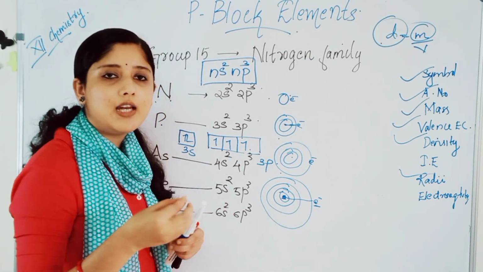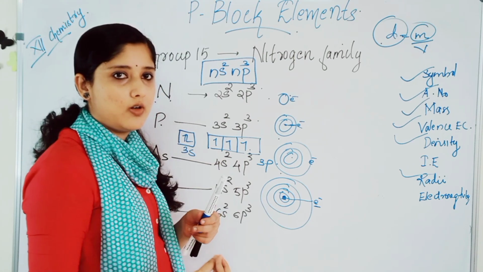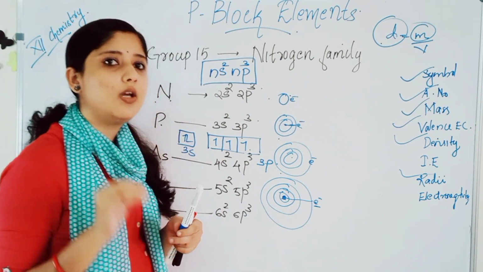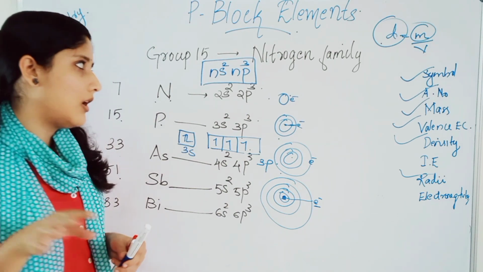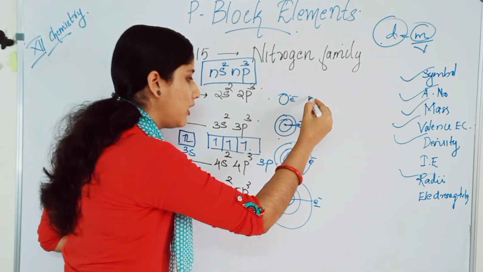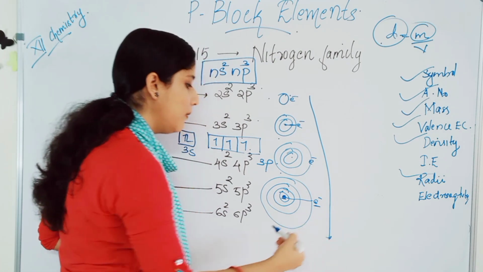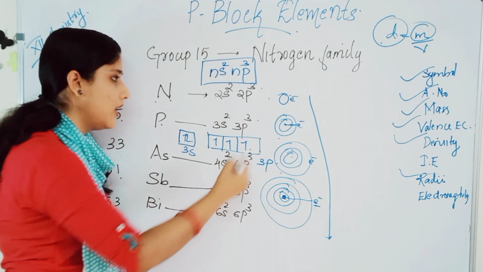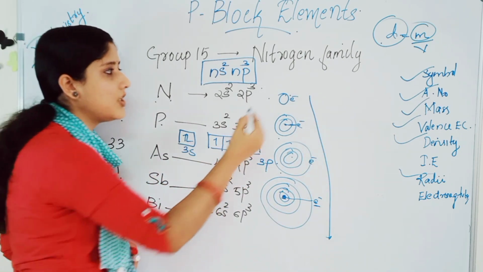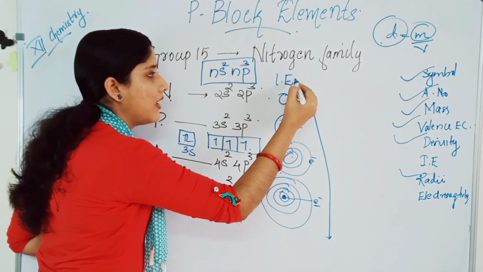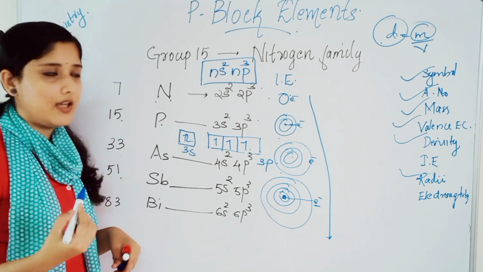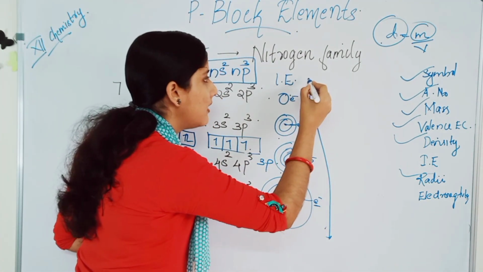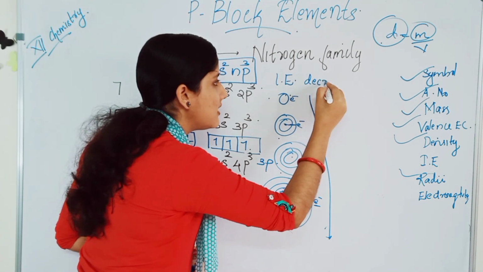As a result, we can easily remove the outermost electron, and not much energy is required. So from nitrogen, phosphorus, arsenic, antimony, bismuth, from top to bottom, ionization enthalpy decreases.